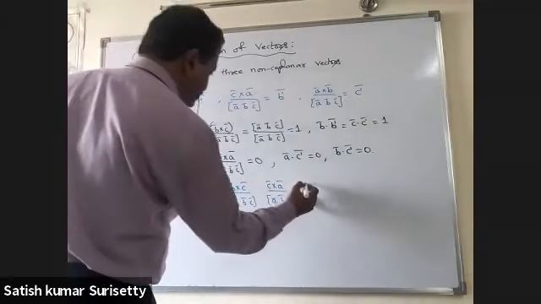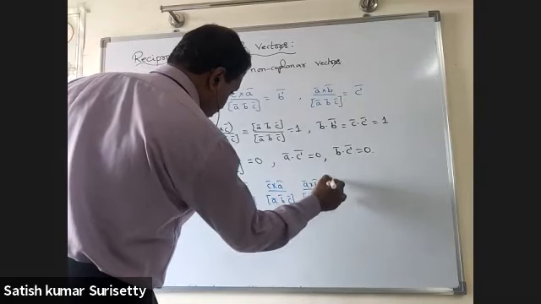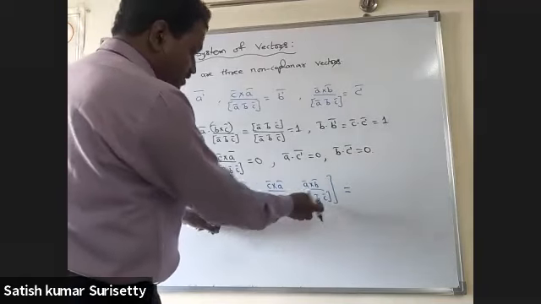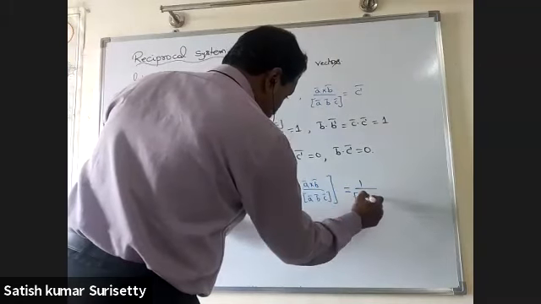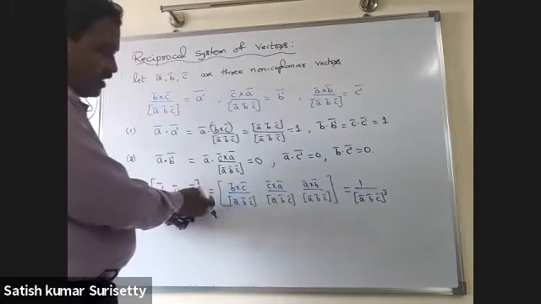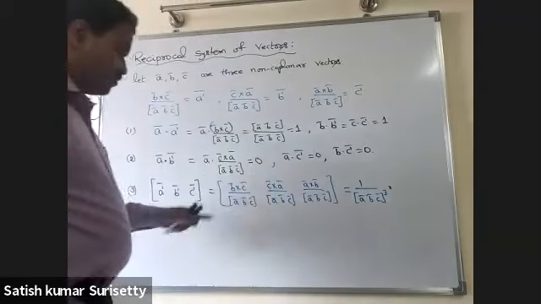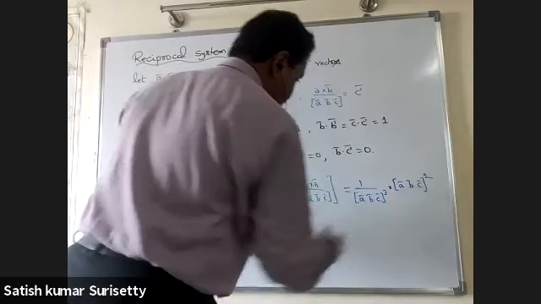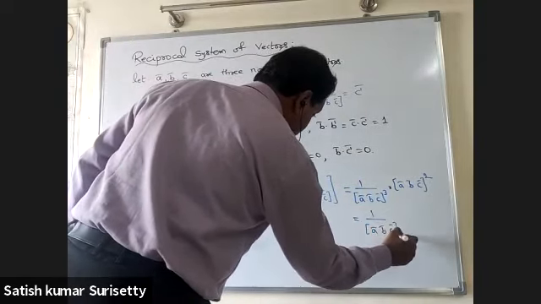C dash bar is A bar cross B bar upon scalar triple product of A bar, B bar, C bar. Now, 1 upon the scalar triple product of A bar, B bar, C bar, so what do you get common outside? Scalar triple product of A, B, C whole cube, because these are constants, into scalar triple product of B cross C, C cross A, A cross B. That we have written before as a formula property. It is scalar triple product of A bar, B bar, C bar whole square. That means this is equal to 1 upon scalar triple product of A bar, B bar, C bar.